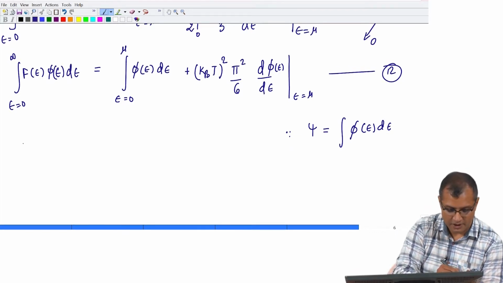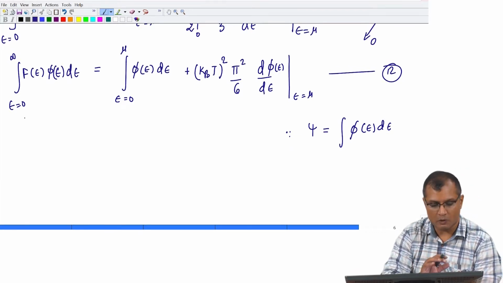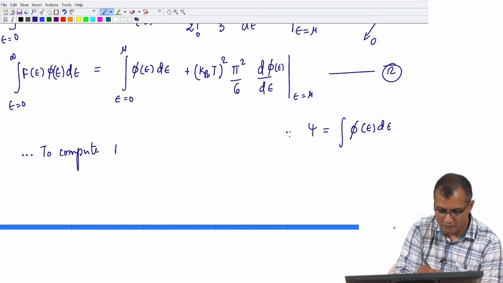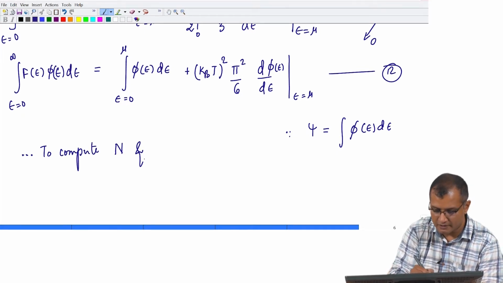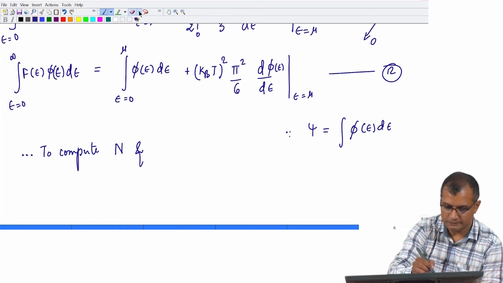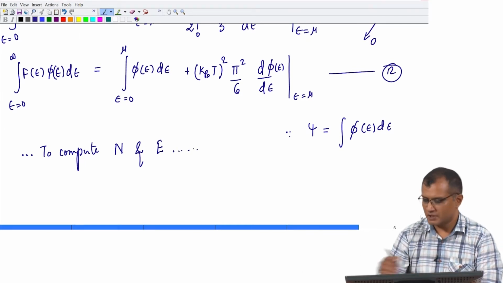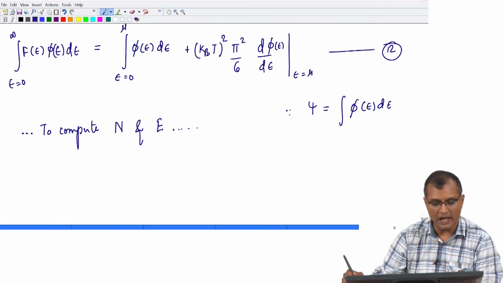For example, you can solve for some thermodynamic properties. So, now we are in a position to compute n and, in fact, I can say n and e. Okay. So, let us see what we get if we try to compute n.